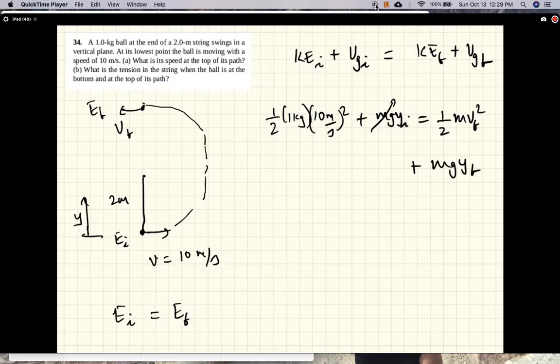Okay, and this height is 4 meters since this is 2 meters. The radius of the circle is 2 meters. Okay, and by the way, the mass cancels. So this is 100 by 2, which is 50, is equal to Vf squared by 2 plus g y final, 9.8.